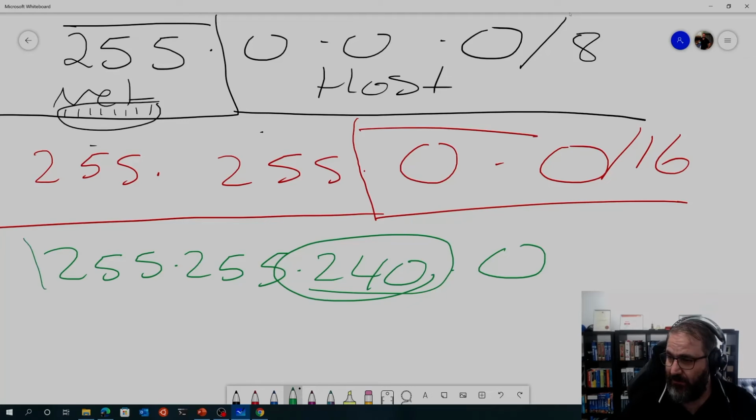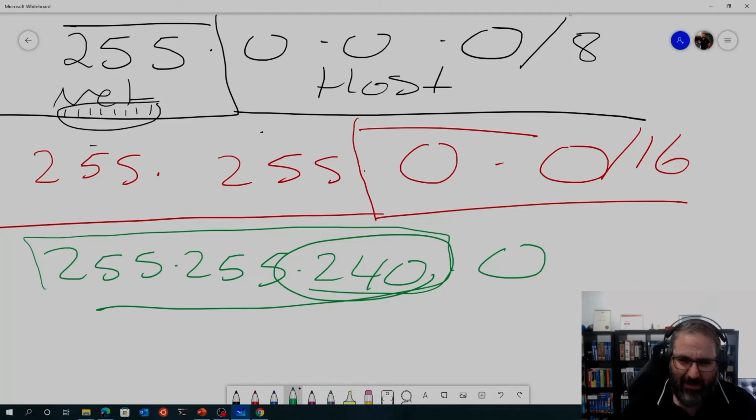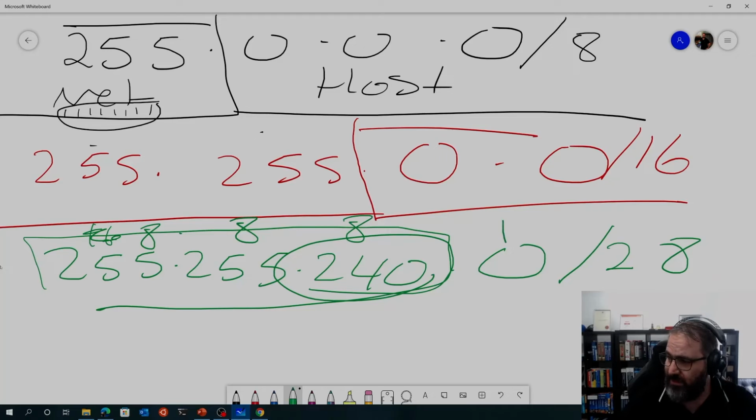Now this one, because I'm borrowing some bits here, and I know we haven't covered anything at all, but just for your reference, that's going to be a /28, because this one here, so we've got 8 plus 8. This one has 8 as well, but we're actually going to steal. We're going to be criminals here. We're going to steal from the host subnets. Like, what? You can do that?